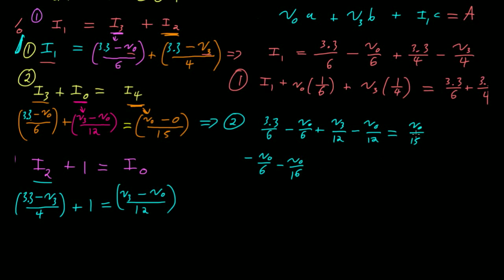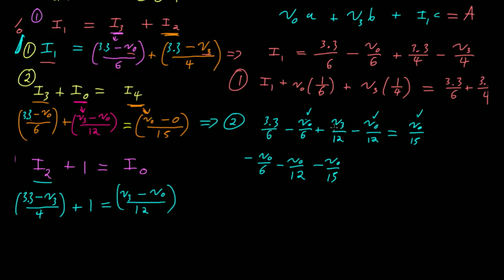And now I'm going to subtract v0 over 15 from both sides. Minus v0 over 15. Oh, why did I write 16? That should be 12. So minus v0 over 6, that's that term. Minus v0 over 12, that's that term. Minus v0 over 15, that's that term.